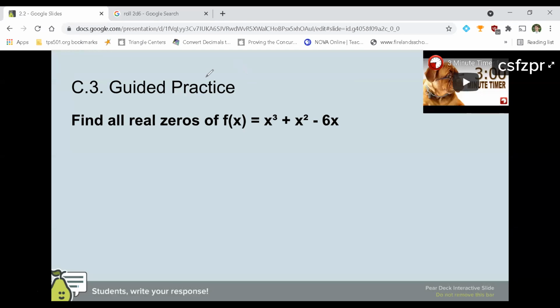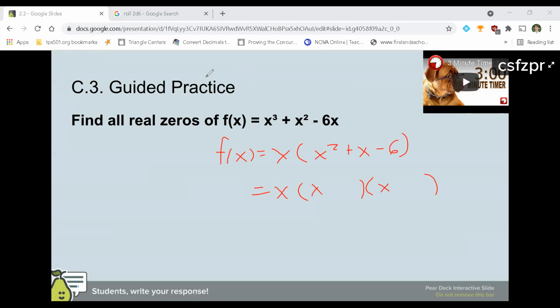What's the first thing I have to look for? What do all three terms have in common? That's right. So if we factor that out, we're left with this. Okay, I can factor one more time, the quadratic.